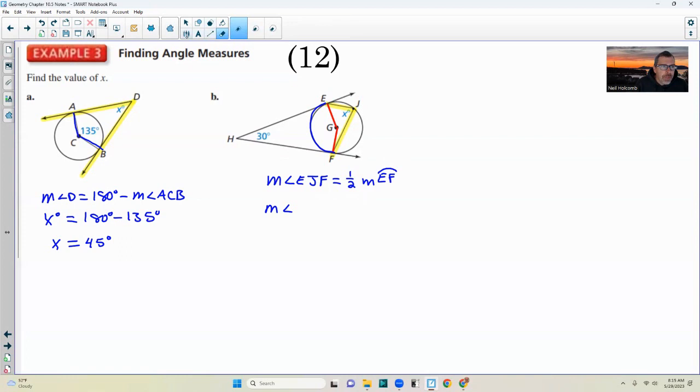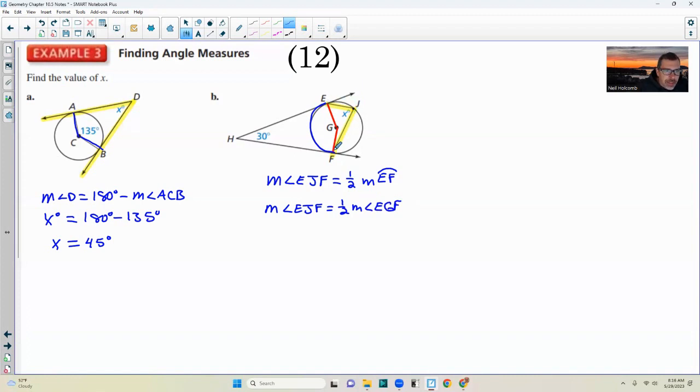Start over. The measure of arc EF is going to equal the central angle, since central angles equal their intercepted arc. So now I can say that the measure of EJF is going to equal 1/2 the measure of angle EGF. Okay, hopefully you're following this.